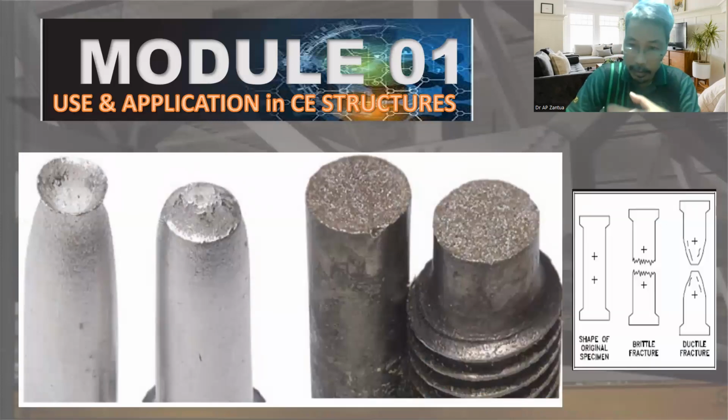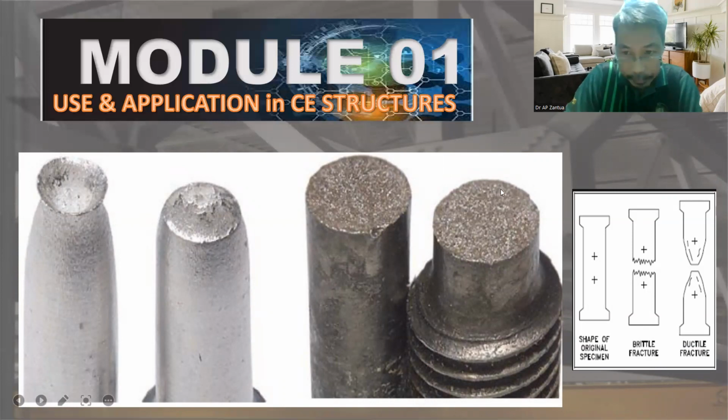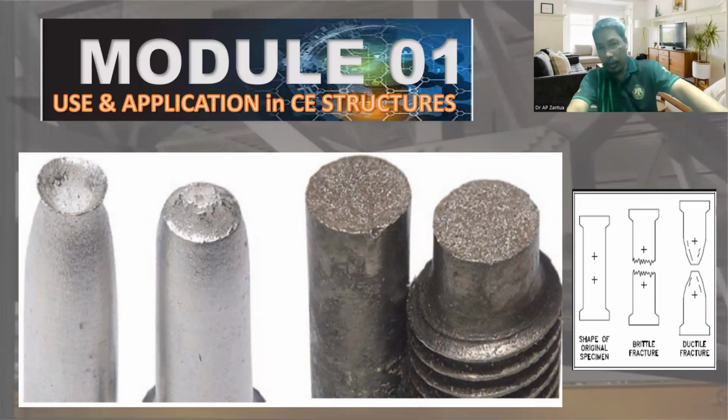So this material is actually brittle, and this material is ductile. The fracture can tell us the characteristic of the material. That is why it is important for the material to be tested, so that we can see whether our steel is brittle or ductile.